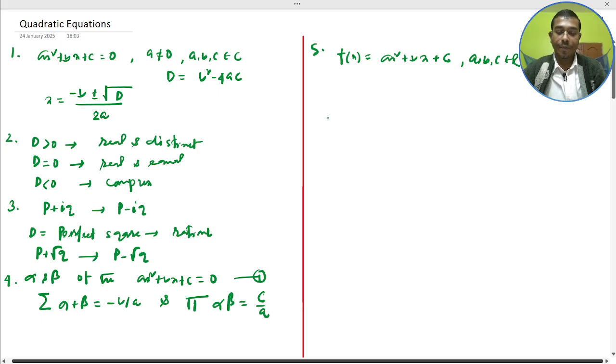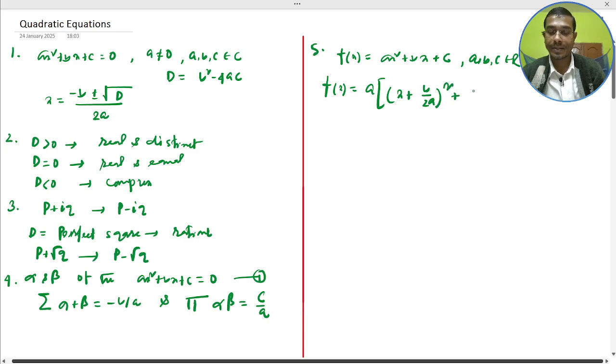It can be written in the form f(x) equals a into (x plus b by 2a) whole square plus (4ac minus b square) divided by 4a square, written in the square term form.